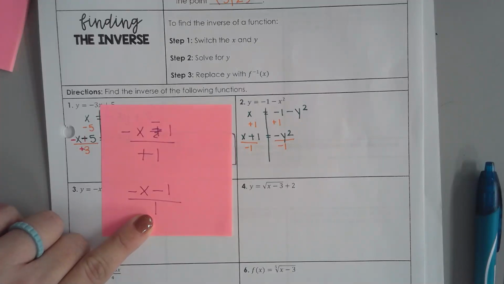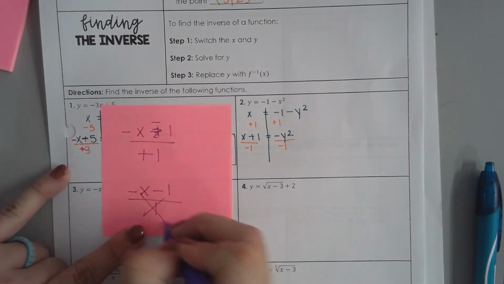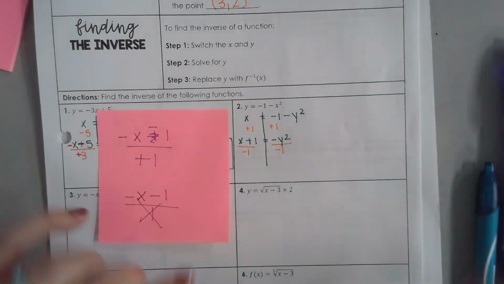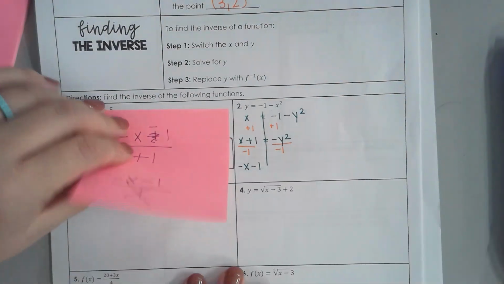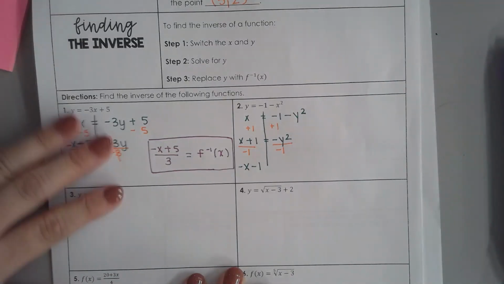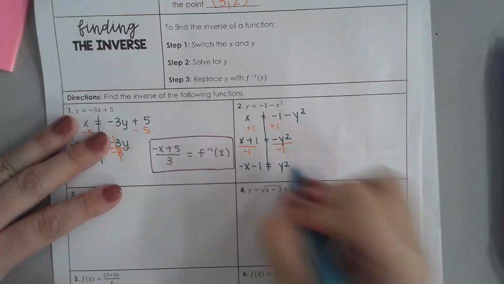No, it's not necessary. Kind of like we just don't put a 1 in front of an x. It's just assumed. So I don't need that at all. So this really is negative x minus 1 equals y squared.